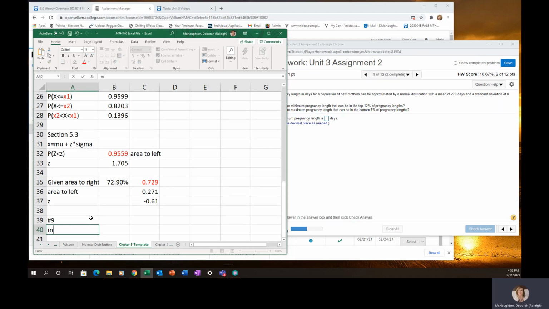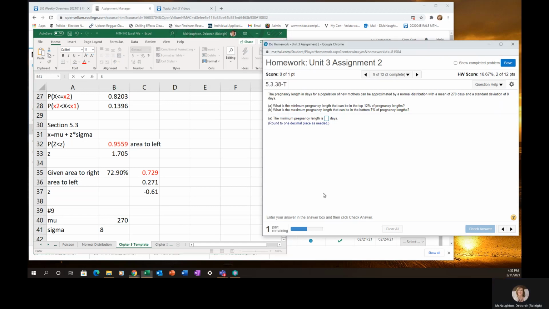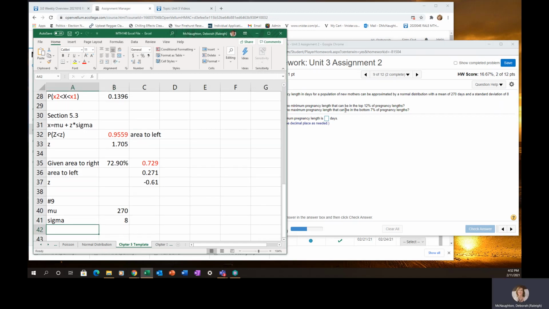The mean is 270 and the standard deviation is 8. Then, what is the minimum pregnancy length that would be in the top 12%? It wants the minimum. If we drew this, the top 12%, we were looking at the area to the left, so the number at the very end of that is why it's asking for the minimum pregnancy length.